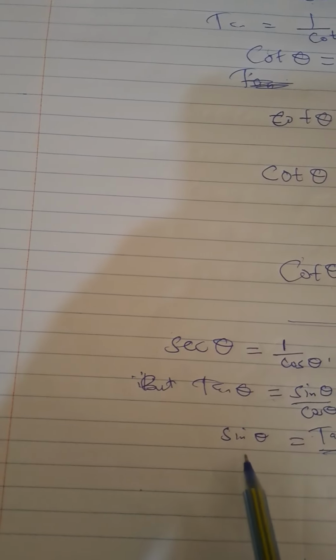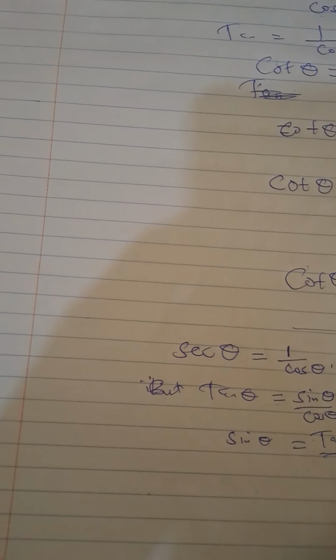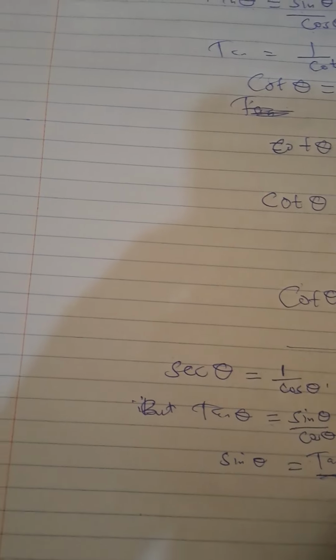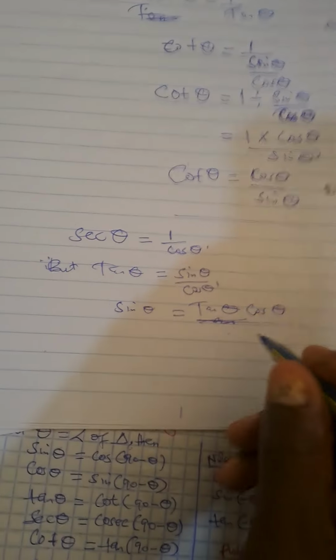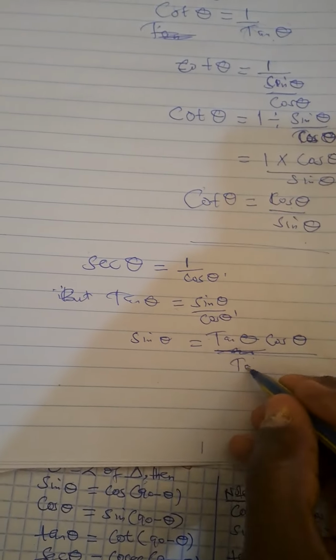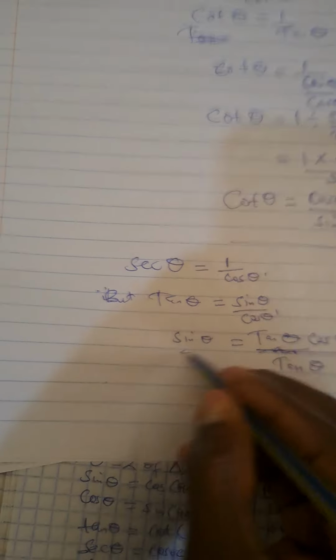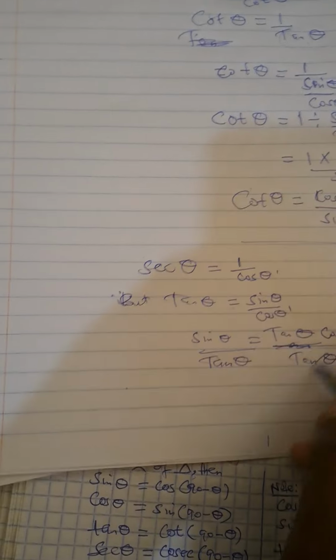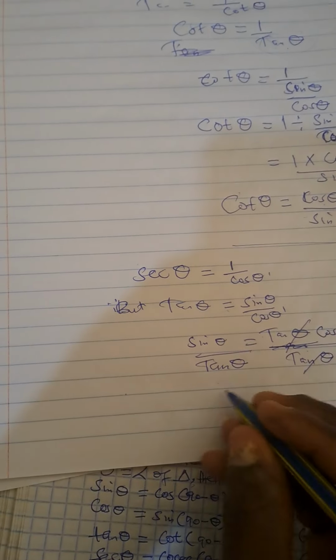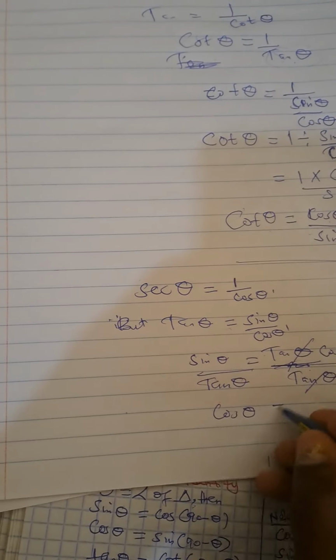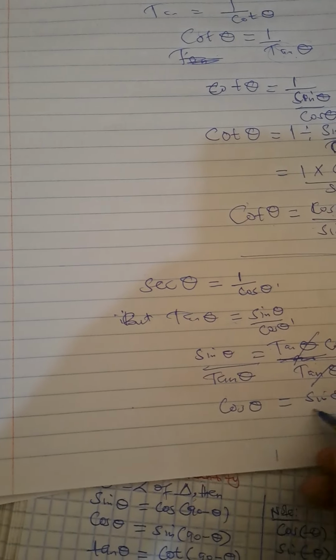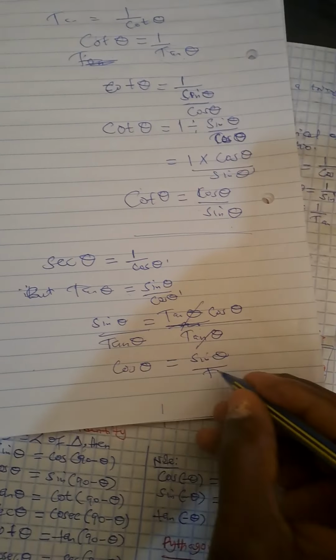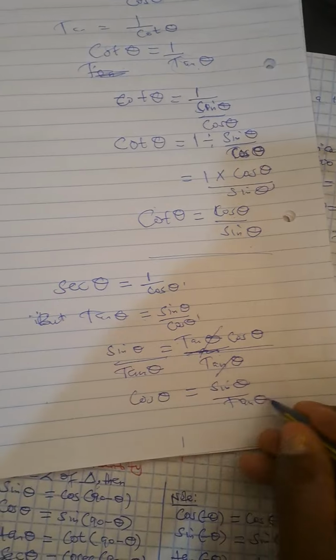For us to get cos theta itself, we divide both sides by tan theta. So this tan theta will go with that. So cos theta is also equal to sin theta over tan theta.